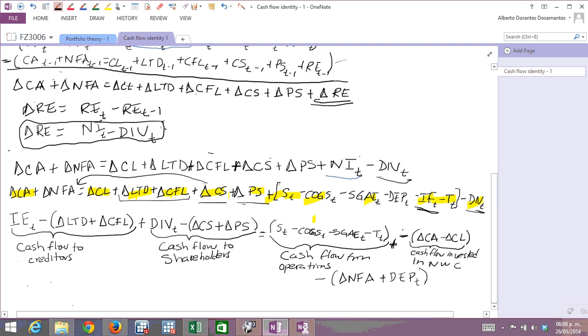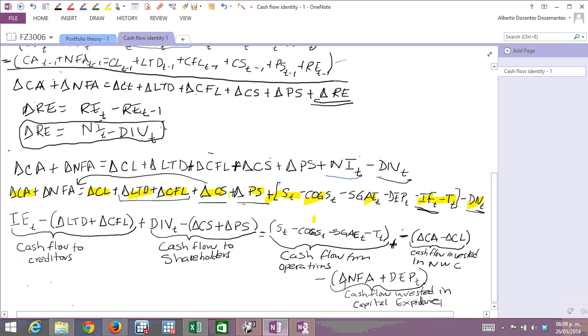Okay, then what does this represent? This basically represents the cash flow invested in capital expenditure. Why?